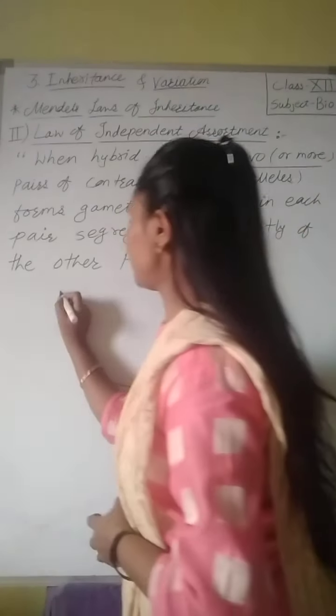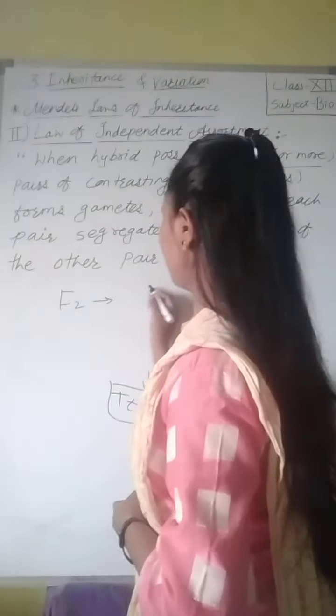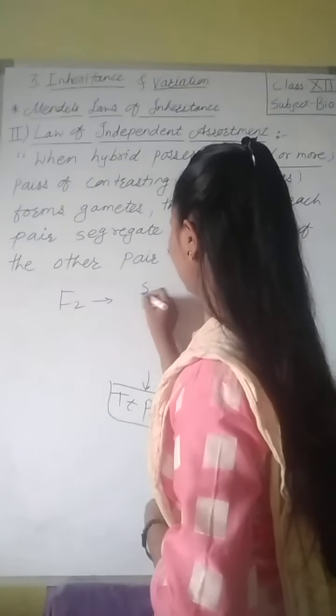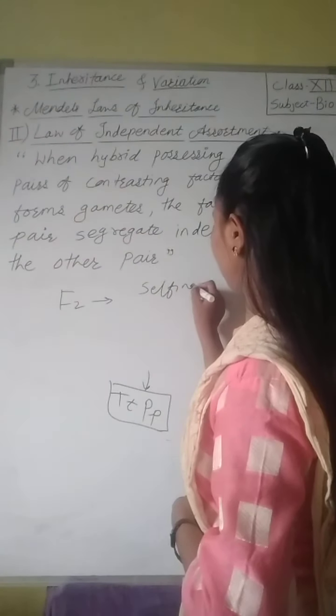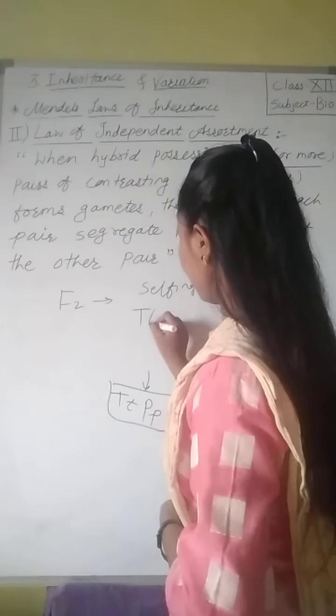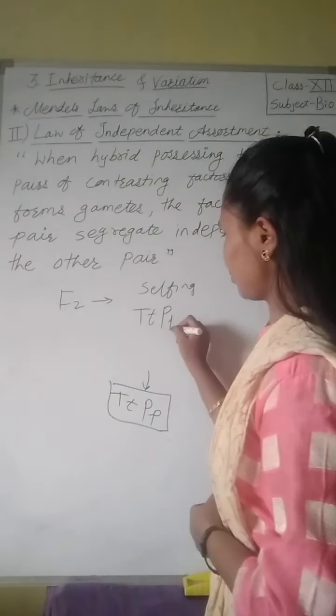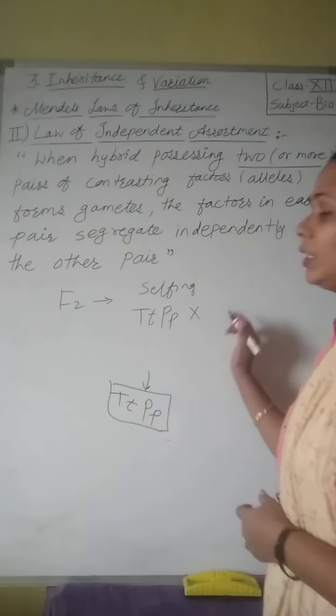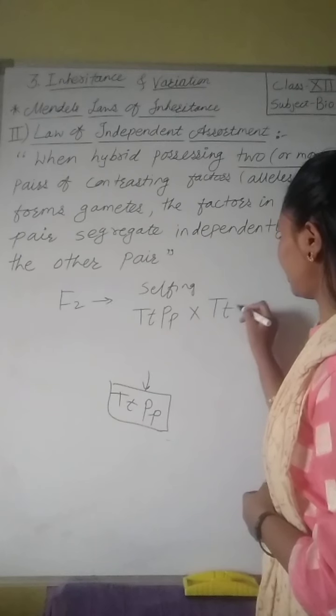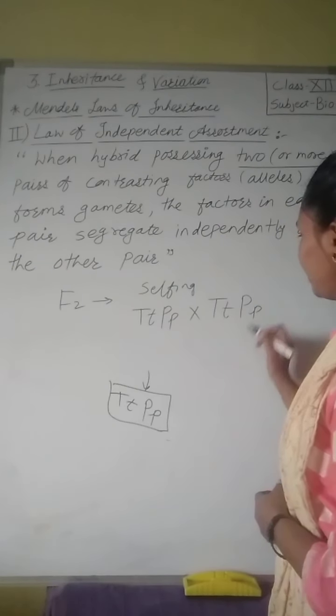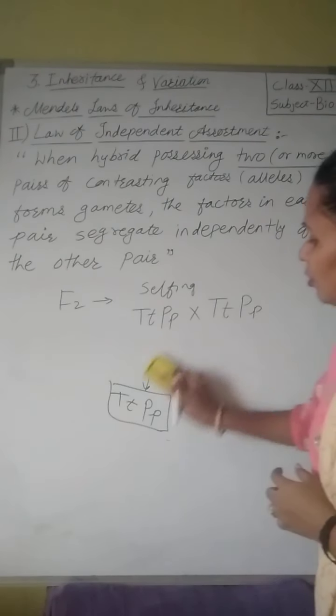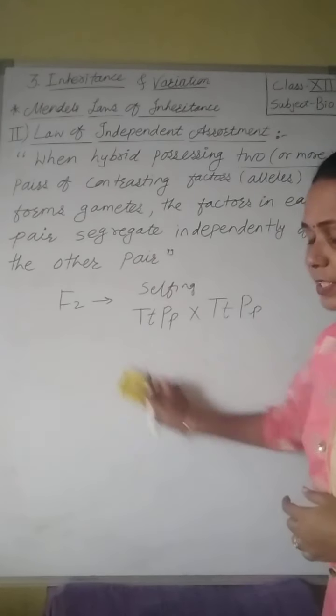So here for the F2 generation, selfing. Capital T, small t, capital P, small p was selfed with another one, capital T, small t, capital P, small p. Let's see which type of gametes we will get.